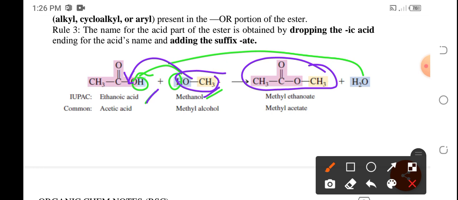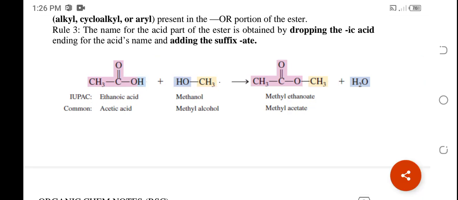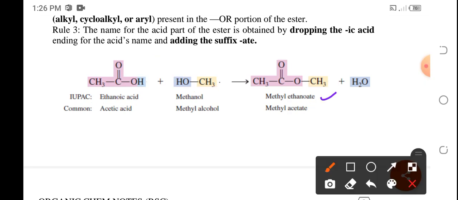Okay, in naming, this one will adopt the methyl, because that's the alcohol part, and the rest would be coming from the acid's name. We are dropping the IC acid and adding ATE, so that ethanoic acid will then become ethanoate. The IUPAC name of the ester produced is methyl ethanoate. There should be two words here, so a space would be found between the name of the alcohol part and the acid part.